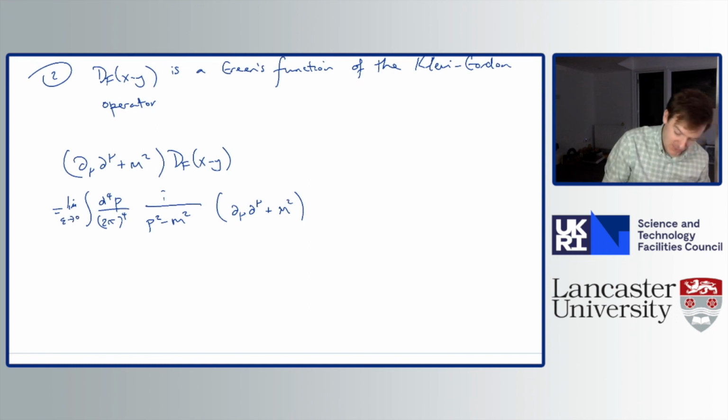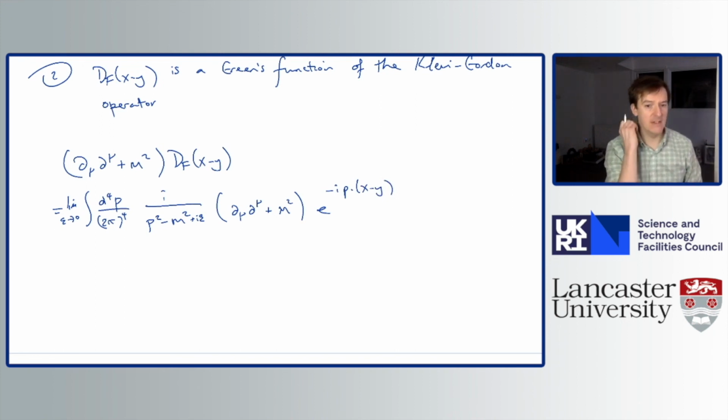Since we've just worked it out, let's put it in, so plus the i epsilon, and we want to take the limit that epsilon goes to 0 in the end. And this differential piece is only going to differentiate x minus y, in particular the terms that depend on x.